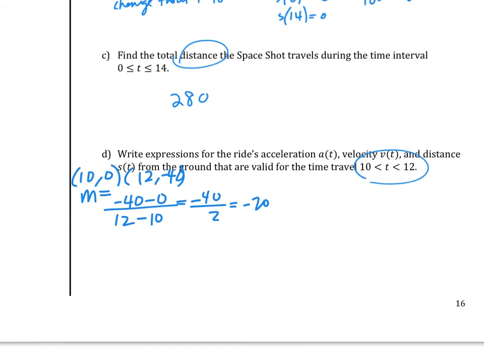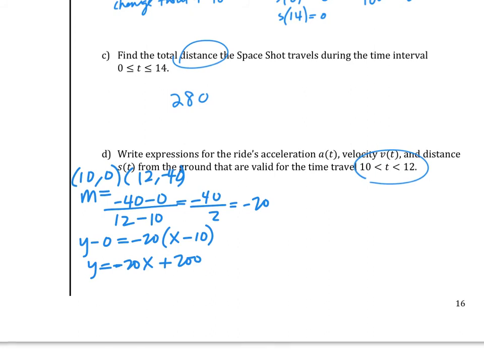So just now write the equation of the line. y minus 0 is equal to negative 20 times x minus 10. So then y is equal to negative 20x plus 200. We're multiplying it all out. For this case, usually I tell you to leave it in point slope form. But since this time we are looking for the velocity, and from there we're going to integrate to figure out the position, we have to multiply it out.